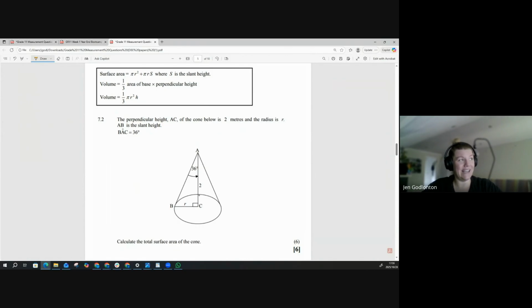They've told us that S over here is the slant height. That is your S over there. That's your slant height over there. They've told you the volume of your base. So we've got all kinds of things going on over here. We've got the volume of our cone.